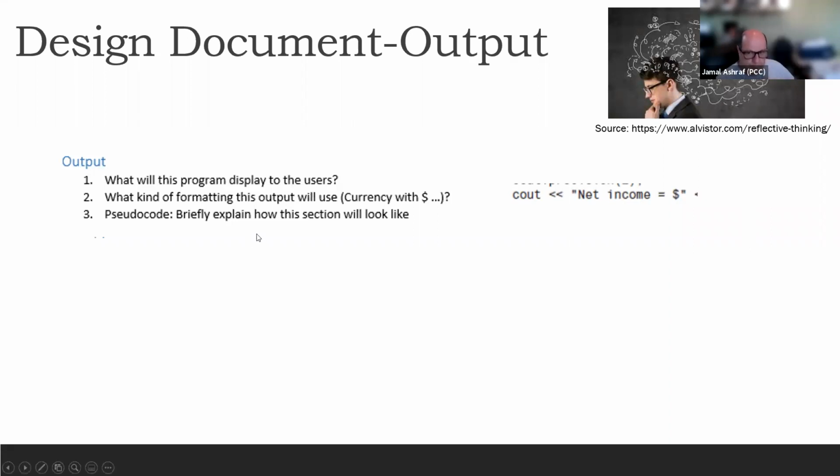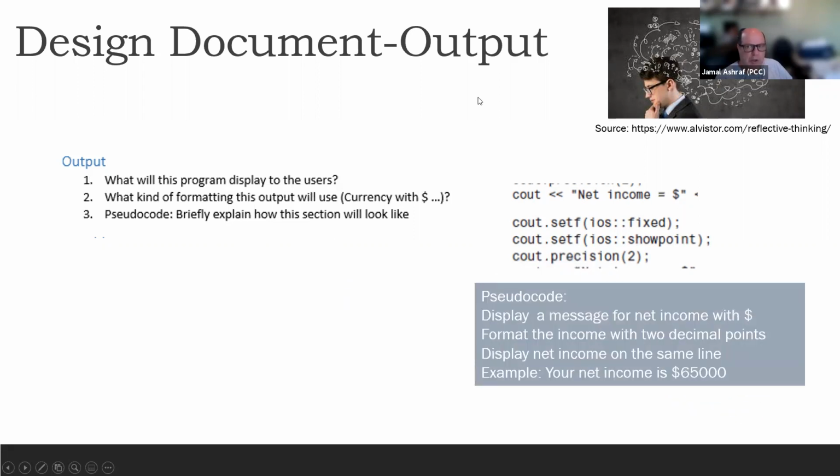So that's one of the concerns that we have. We did talk about how we're going to format the decimal points. So we're going to be putting it in the output section. I generally start with this one right here. I'm going to say, what is it that my user is going to be looking at? What is it that I want the user to see?